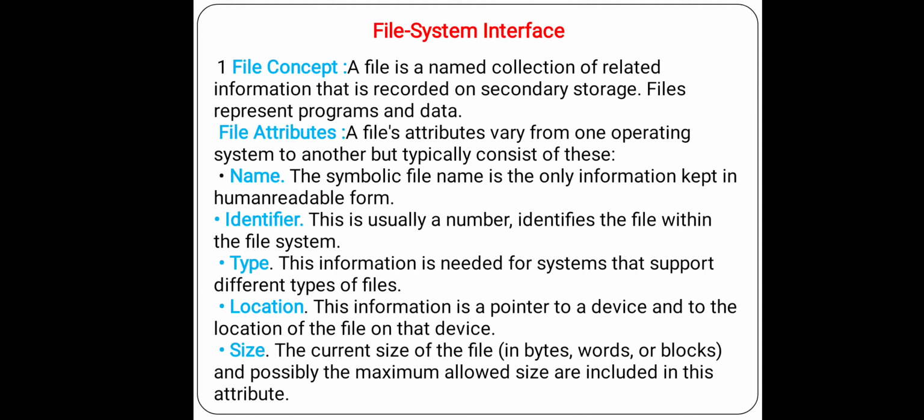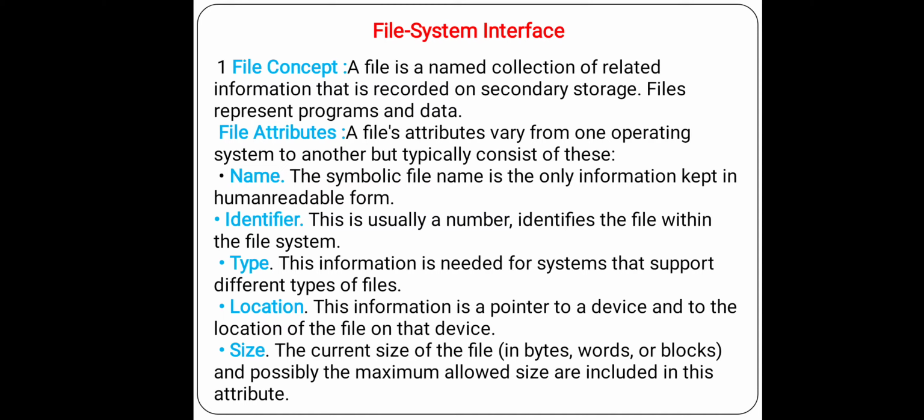The current size of the file means how much memory it occupies, simply in bytes or words or blocks, and possibly the maximum allowed size are included in this attribute. Right here, size is one of the attributes.